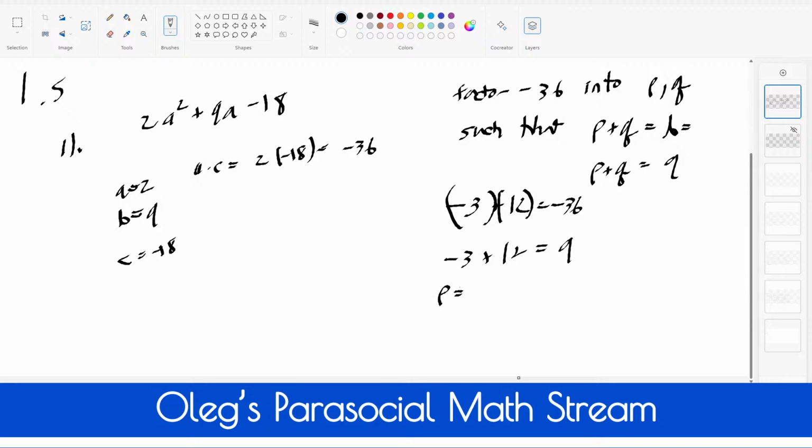So we're going to say P is equal to negative 3 and Q is equal to 12. So now we have that. Now we're going to write this in the form A. Let me remember the form here real quick.